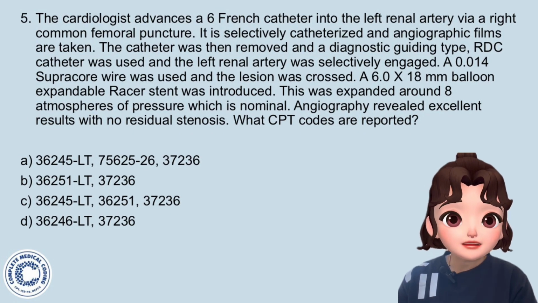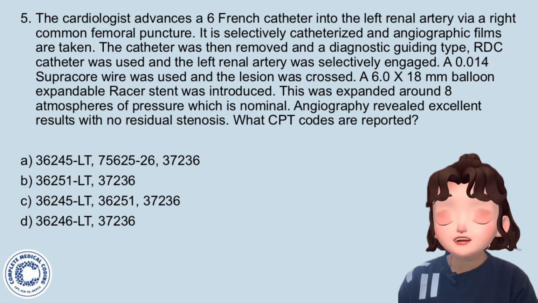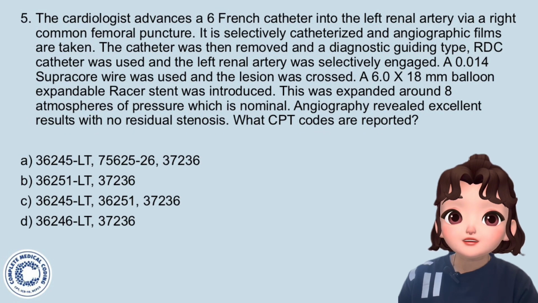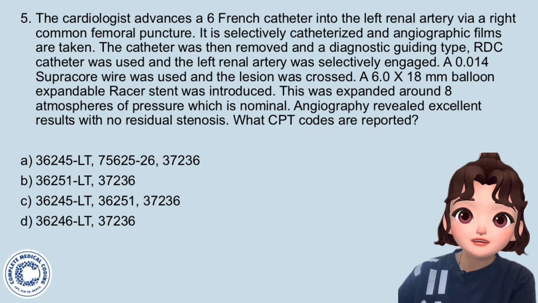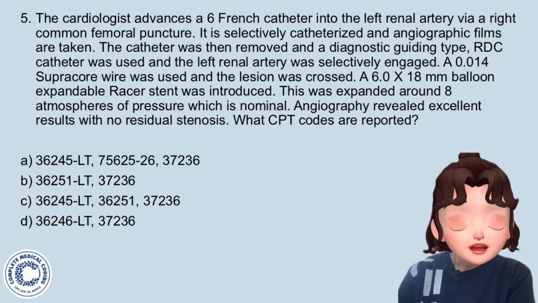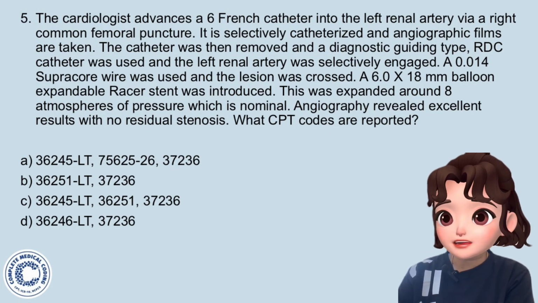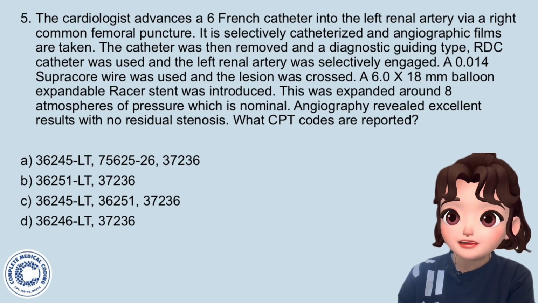Whatever we need is all there in the description, but you have to always check that. 36251, selective catheter placement, yes. First order artery, because the left renal artery is mentioned, it's a first order artery, the main artery.